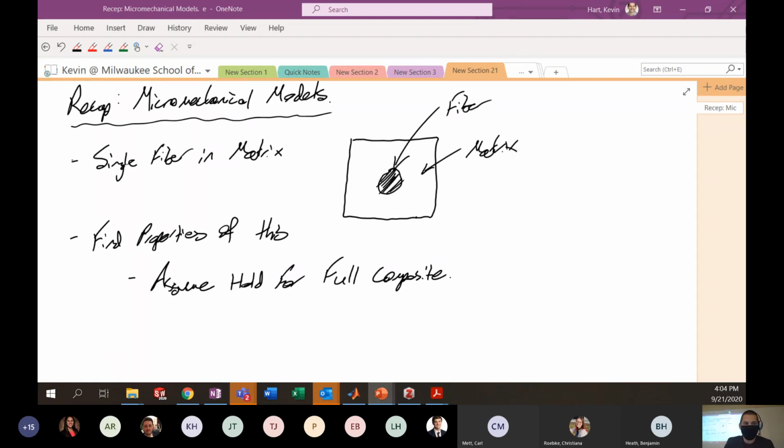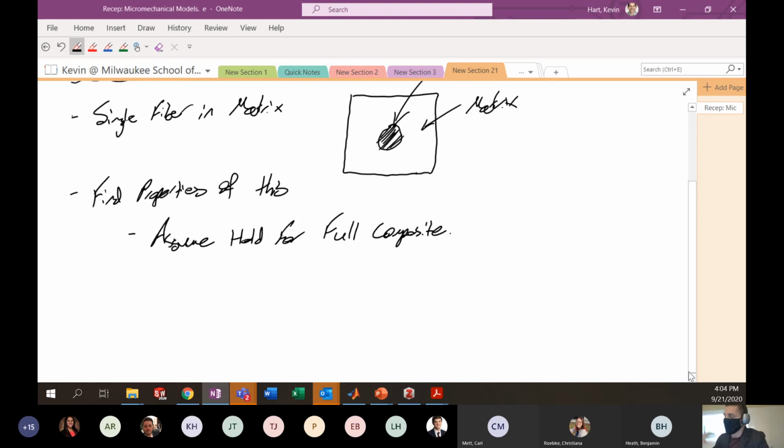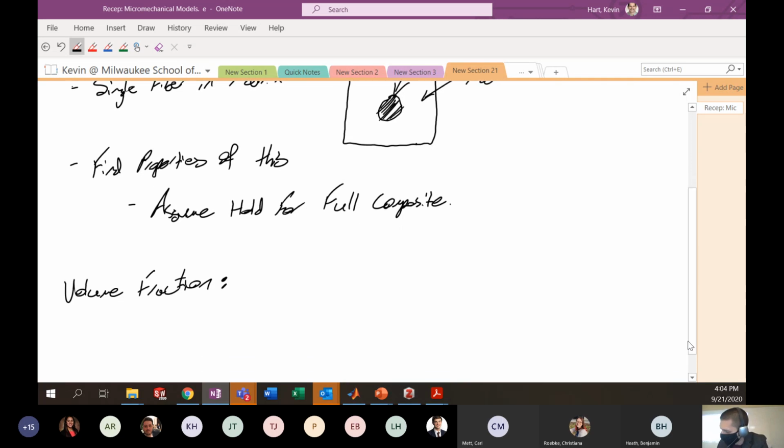We started in by first introducing the idea of volume fraction, and it's a pretty straightforward explanation of what it is. It's the fractional component of each one of the things that make up your whole. So our volume fraction, we discussed at the very end of last lecture.